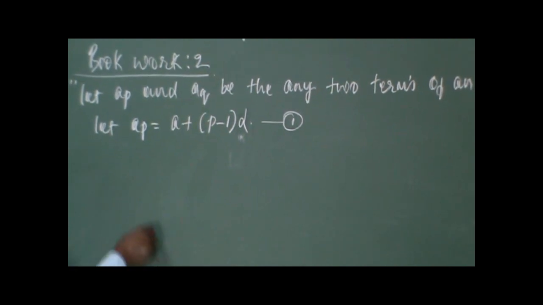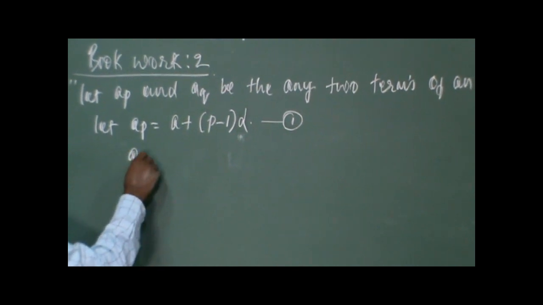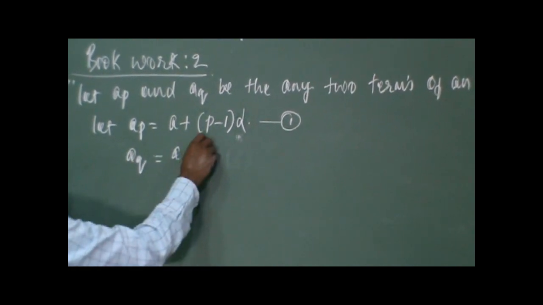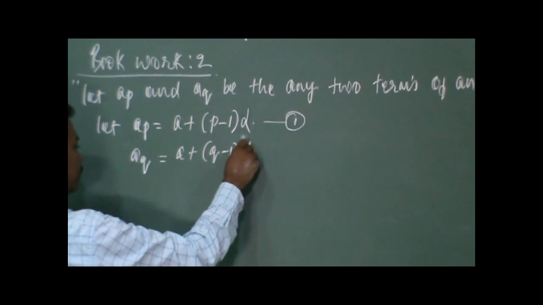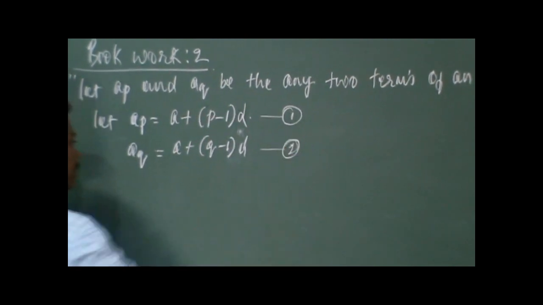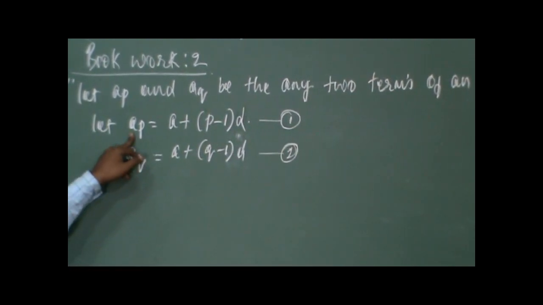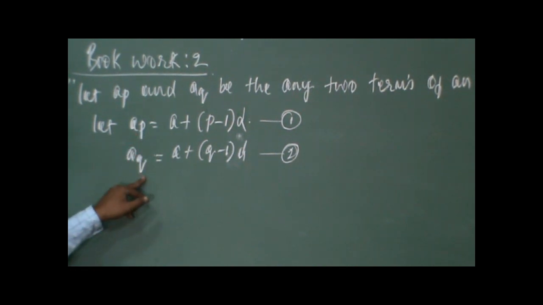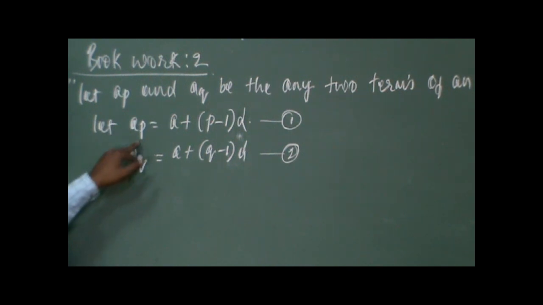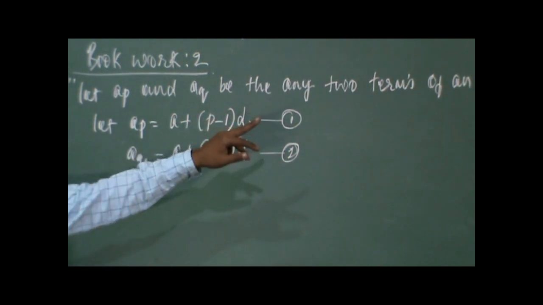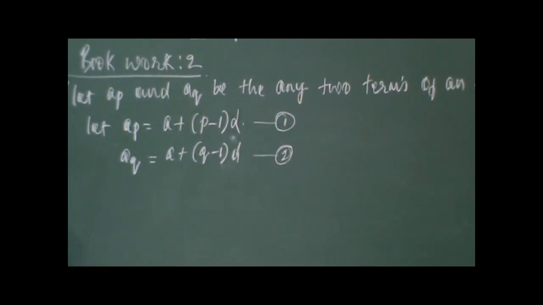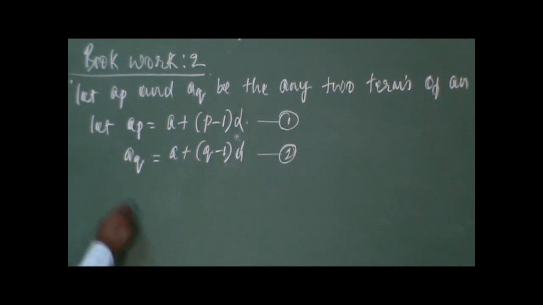Take it as equation 1. AQ, we will define it. Again, it is A plus Q minus 1 into D. Take it as equation 2. I have defined the pth term and also the qth term. Just to differentiate, I have taken P and Q, and don't forget the condition, that is P is greater than Q.